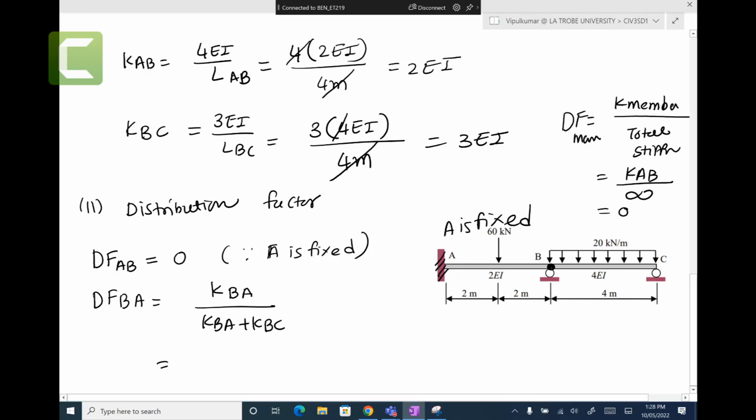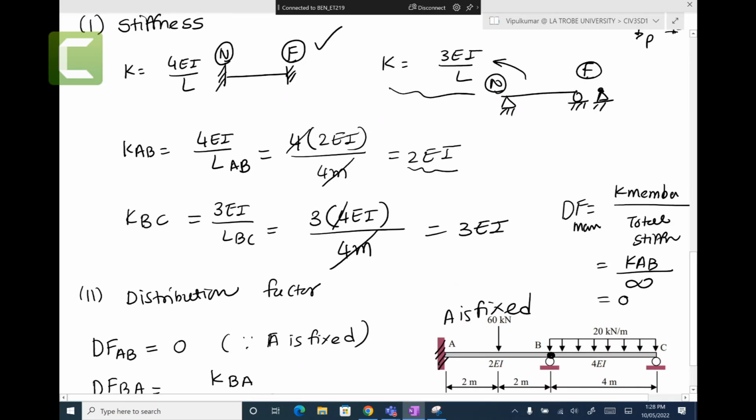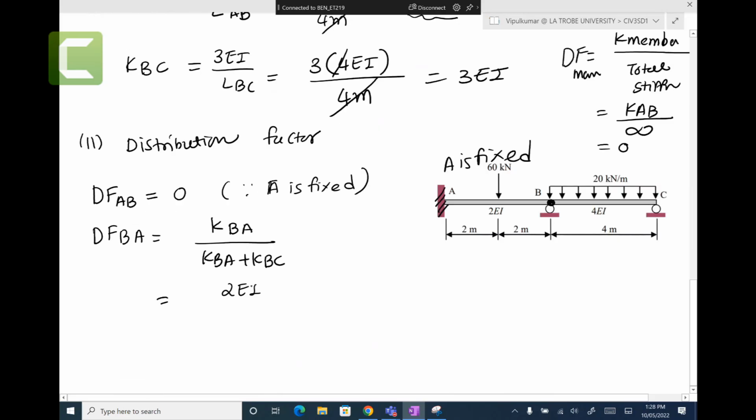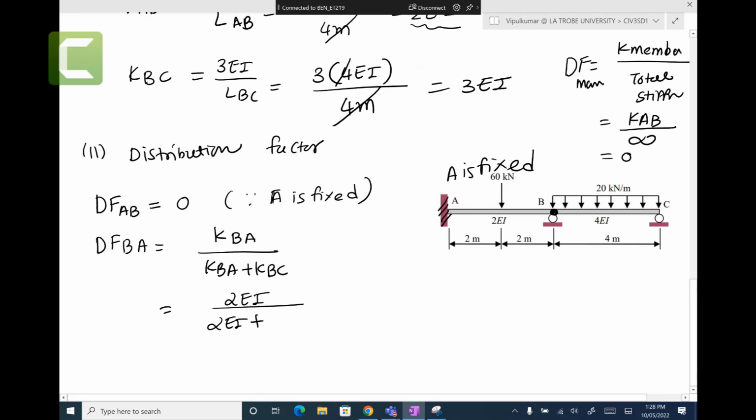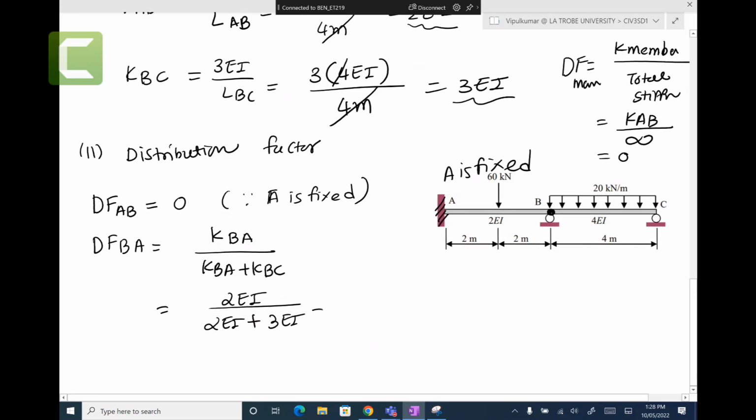Now the stiffness KBA we found here is 2EI over 2EI plus KBC, which is 3EI. So EI cancels, 2 over 5. That will give you 0.4. Distribution factor of 0.4.